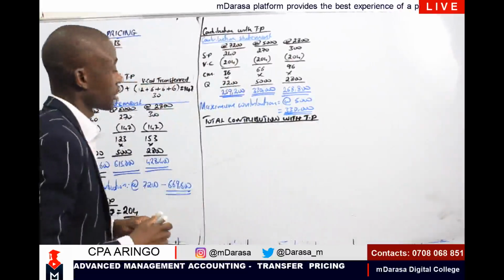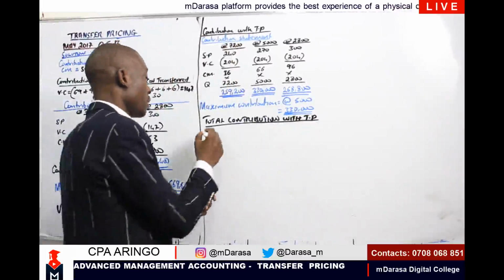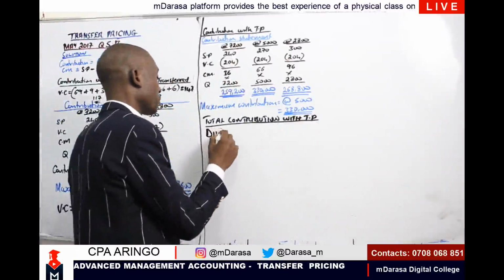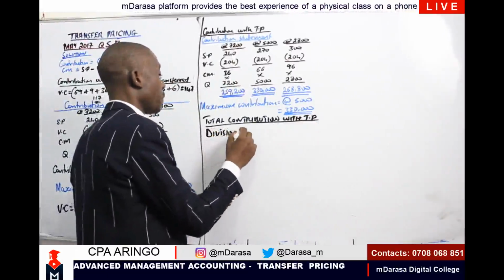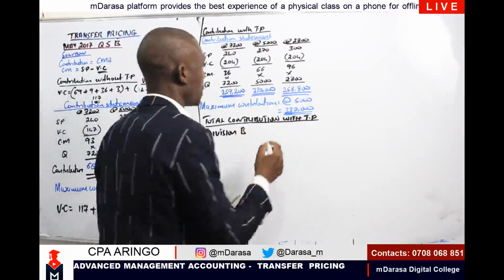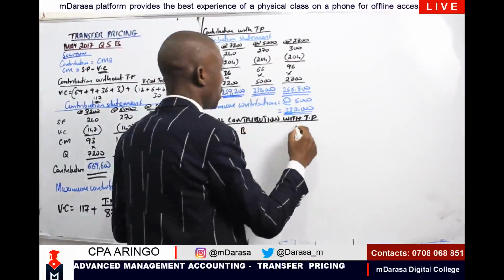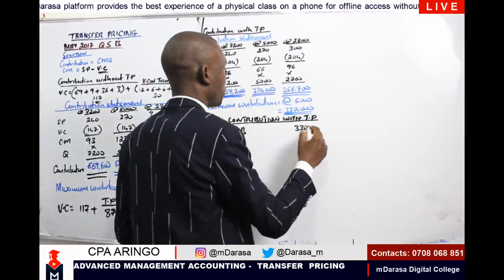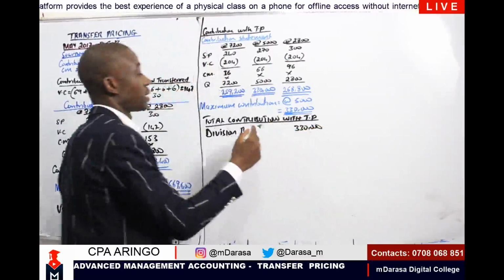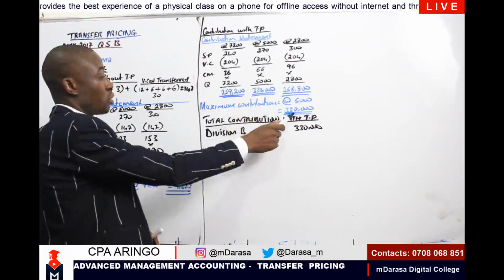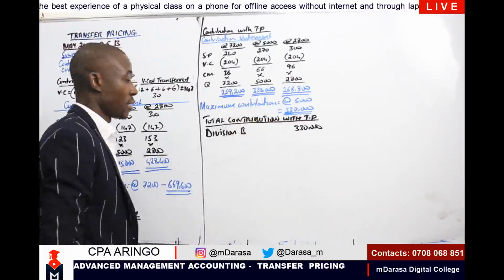Total contribution with transfer price, this is what we'll be having. Division B is generating a maximum of 330,000. Right? The maximum contribution that we've seen is 330,000.